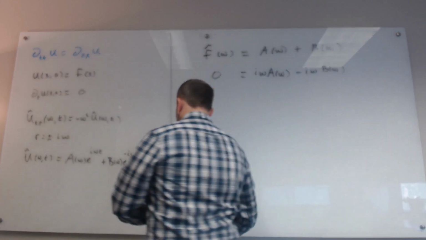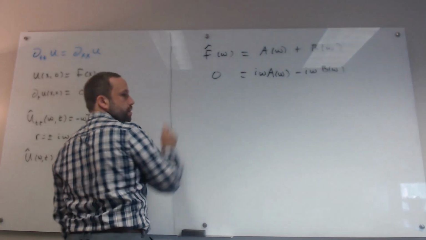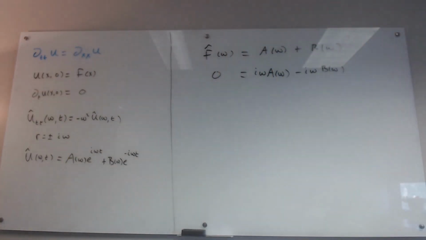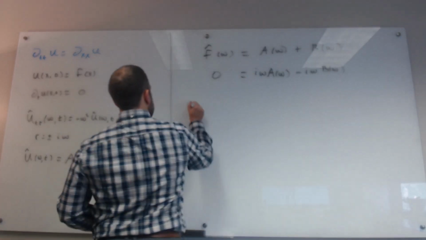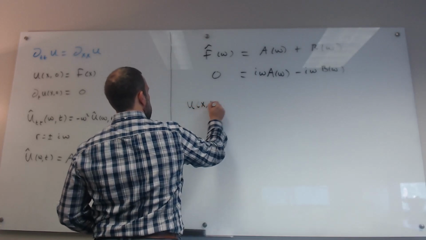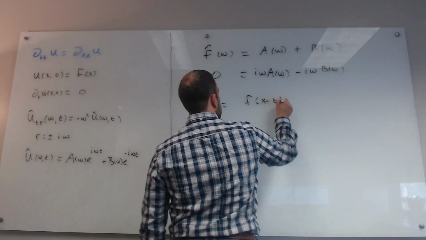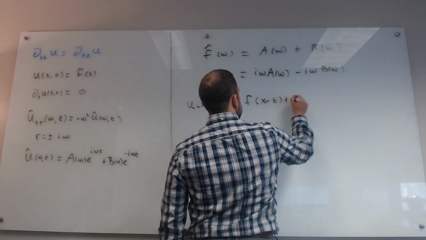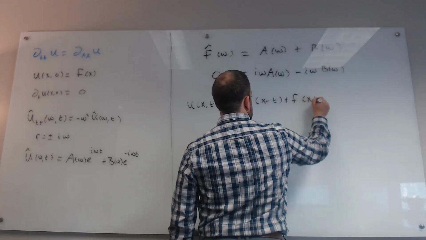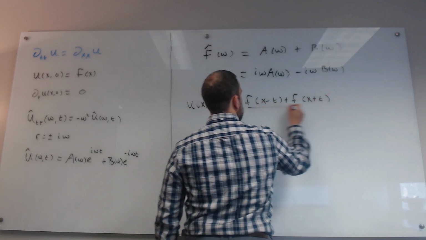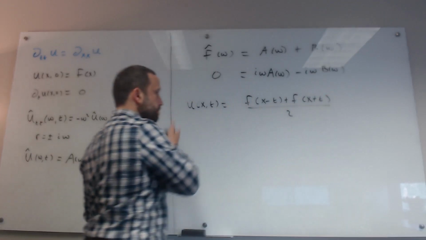So u of x, t is equal to f of x minus t plus f of x plus t, divided by 2.